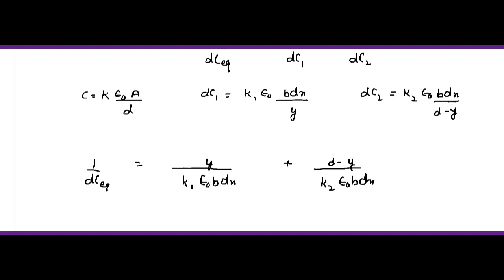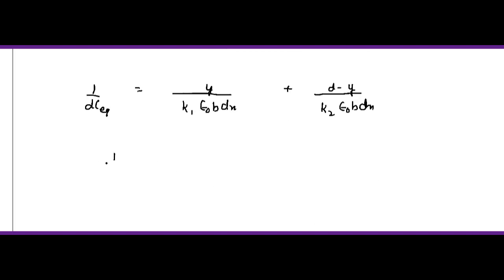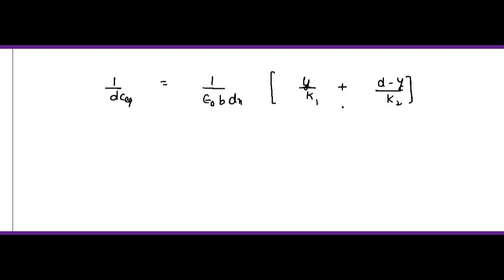Now there is a common term which we can take outside. So 1 divided by dC equivalent equals 1 divided by epsilon b dx times y divided by k1 plus d minus y divided by k2. If we take the LCM, the LCM would be k1 k2.